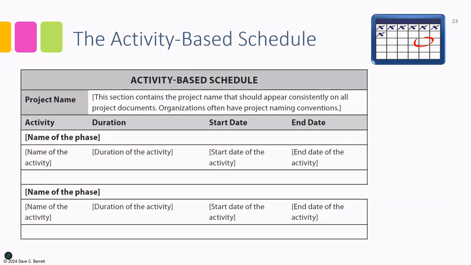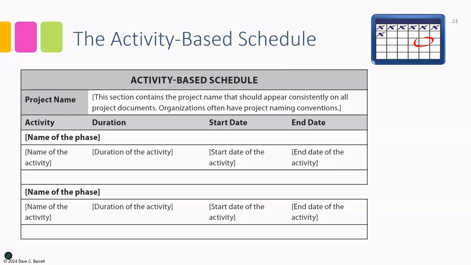The next type is an activity-based schedule. And you can see the basic format of it. It contains more details. It contains each of the activities that were previously defined in the activity list. And then you can see that we have the name of the activity, the duration, and the start and end date of the activity. So when it's going to start and end.